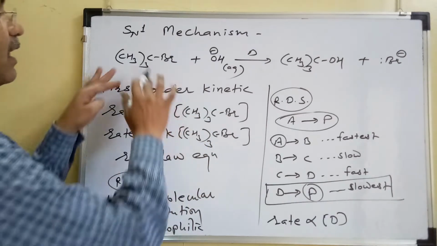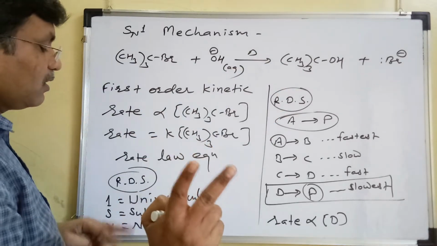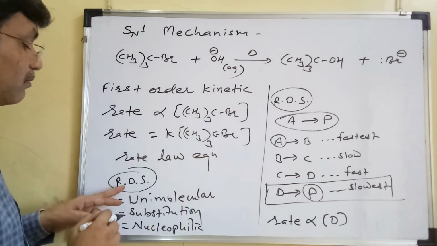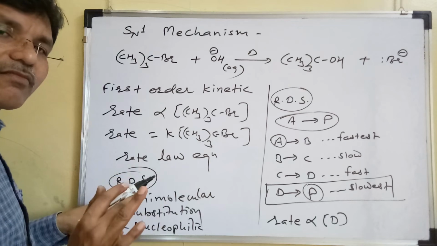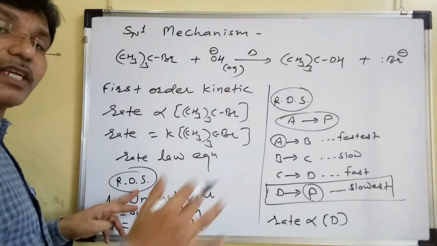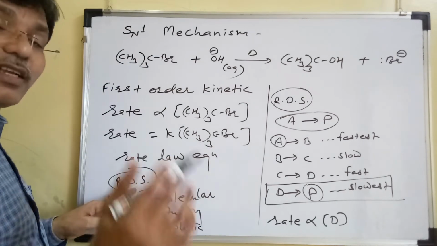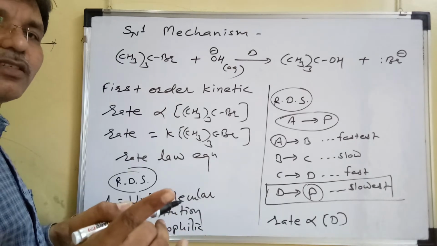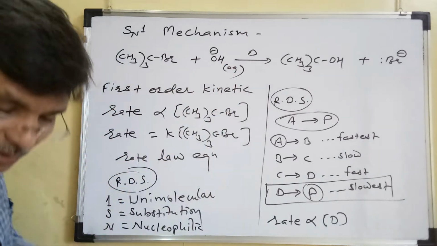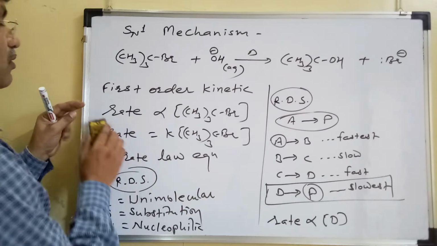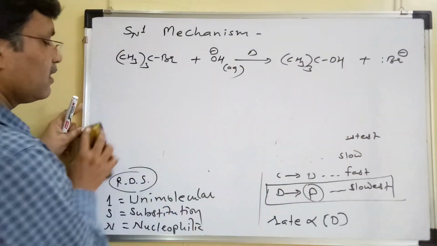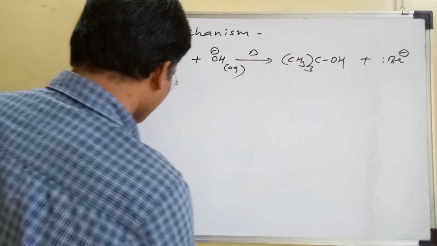So this is involved in the rate determining step. That means this reaction takes place in two steps. The slow step, which means the rate determining step, determines the rate of the whole reaction. That means another reaction must be present, that is a fast reaction. So this reaction involves two steps. We will see these two steps, that is the SN1 reaction mechanism.